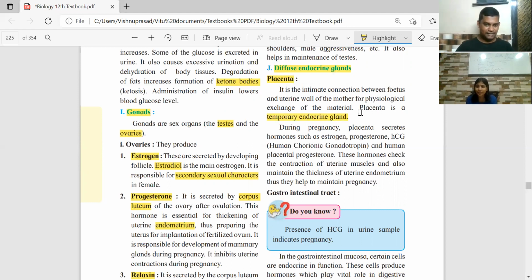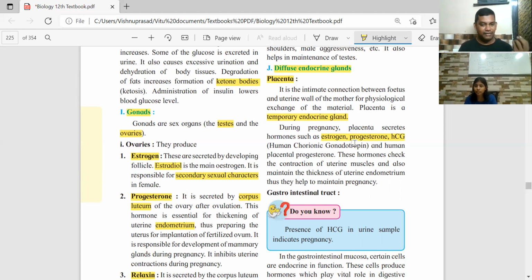During pregnancy, the placenta secretes hormones like estrogen, progesterone, and HCG, human chorionic gonadotropin. In the market, there is a pregnancy test kit available which can be used at home also. What is the principle behind that?